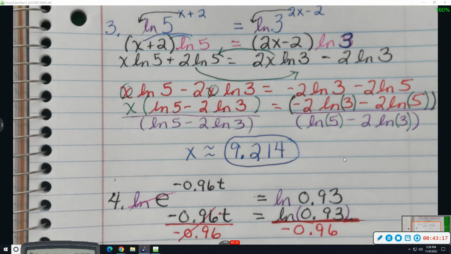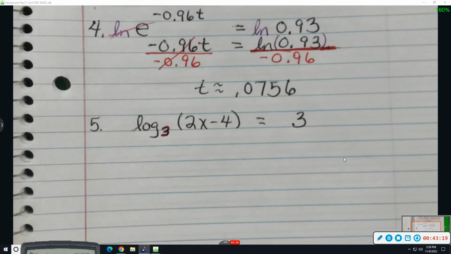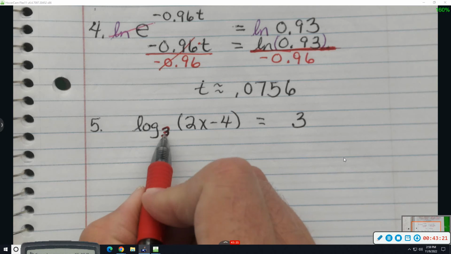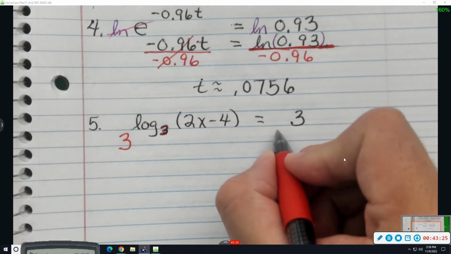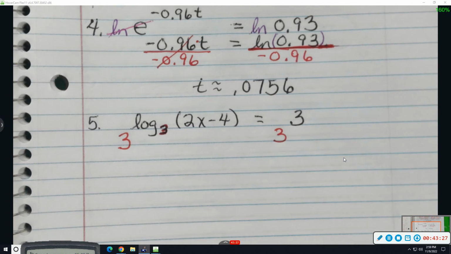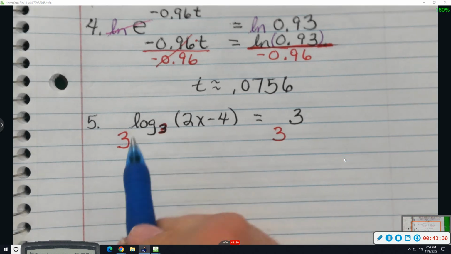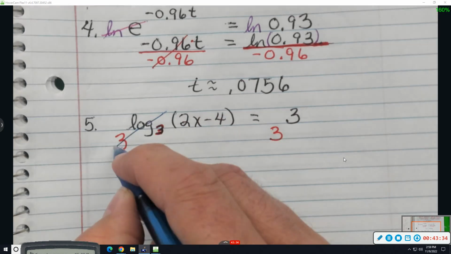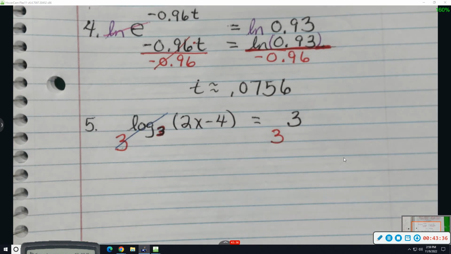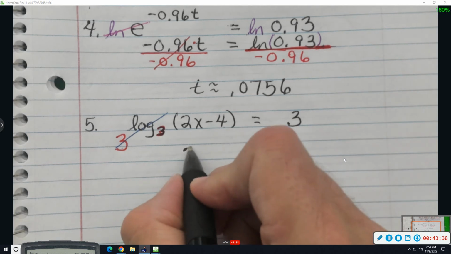Here we're going to do the exact same thing we were doing there. To cancel out this log base 3, I'm going to put a big 3 on each side. And then since we have the same number here and here, all of that cancels out, leaving just the 2x minus 4.